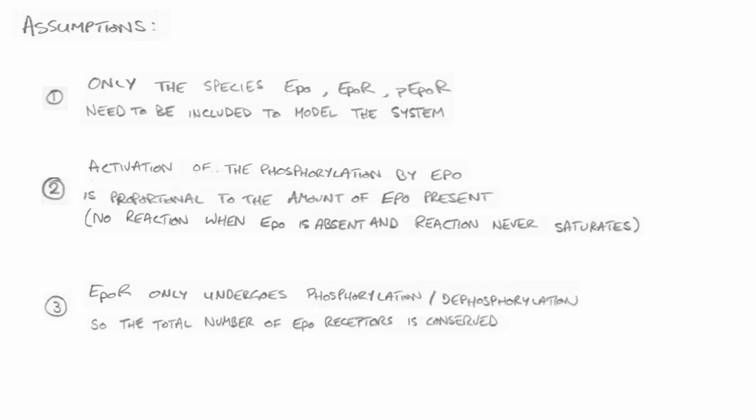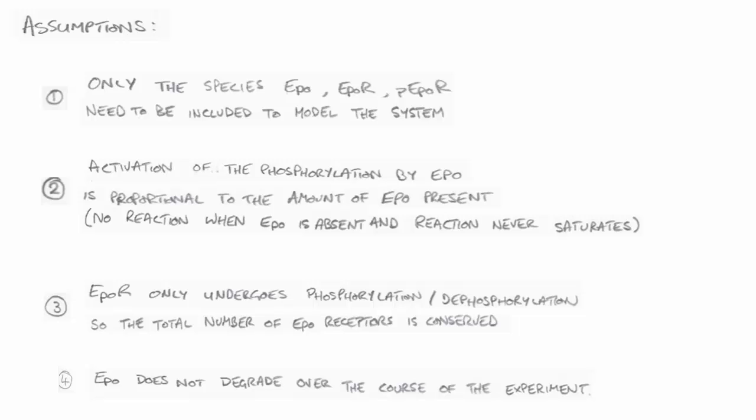And the third assumption is that the receptors only undergo phosphorylation and dephosphorylation, so the total number of receptors is conserved. We don't have production or destruction of those receptors. And similarly for EPO, it doesn't degrade, or there's no processes which are creating it or destroying it over the course of our experiment.